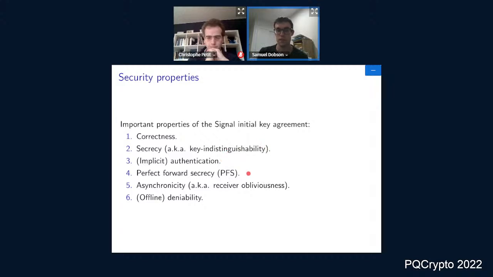We should get perfect forward secrecy, and also be able to send messages to other people even if they're offline. So this is known as asynchronicity, or also receiver obliviousness. And then the final property is deniability, which means that if you, after the fact, look at a transcript, there's no non-repudiable evidence that a party was actually involved in participating in a certain exchange.